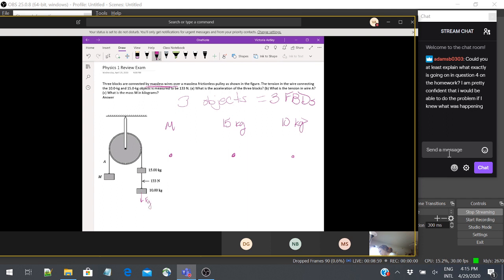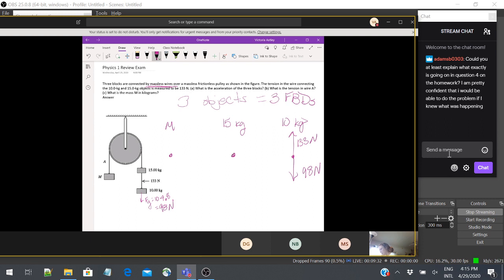Force of gravity is mass times 9.8. So this is 98 newtons. And then we have tension is 133 newtons upward. And that's it. There's not really anything else. So from here, we can answer a lot of these questions, but I think we should keep going and do the other free body diagrams.